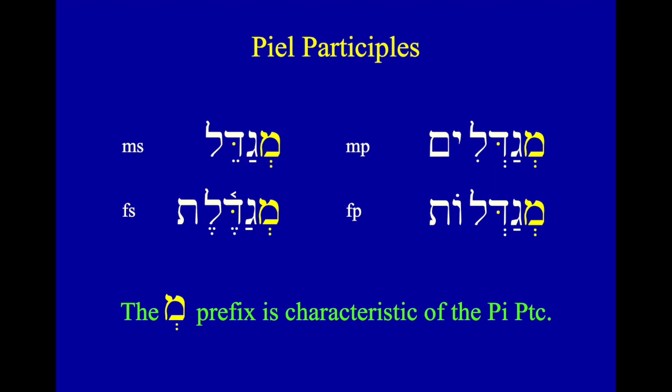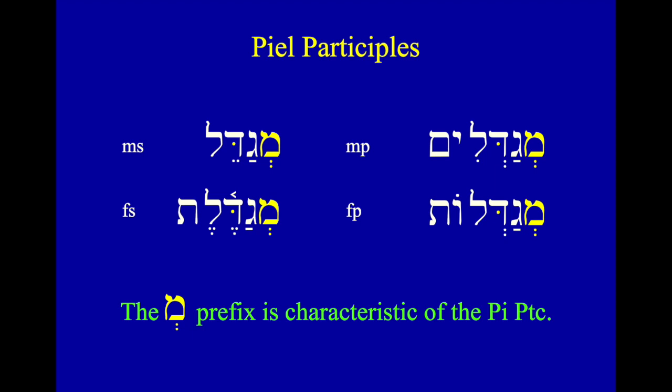So megadel, that masculine singular one in the top left, would be one who makes great or makes large, one who enlarges. All those would be fine meanings of this, and of course you wouldn't know the meaning really until you see it in a sentence.